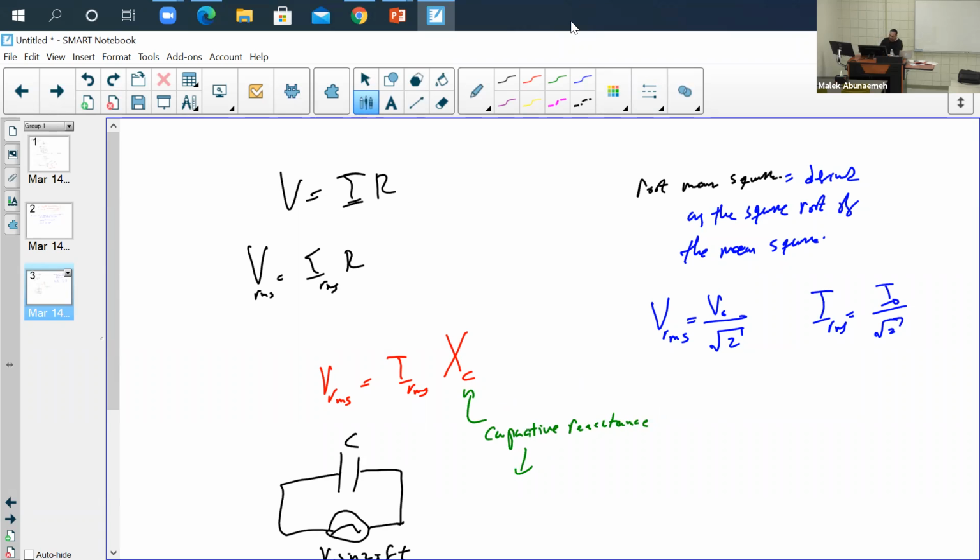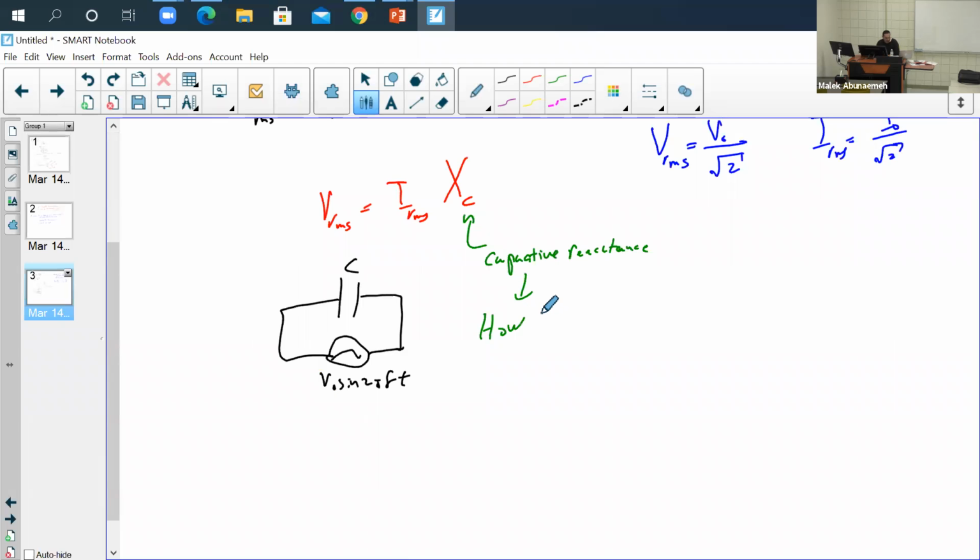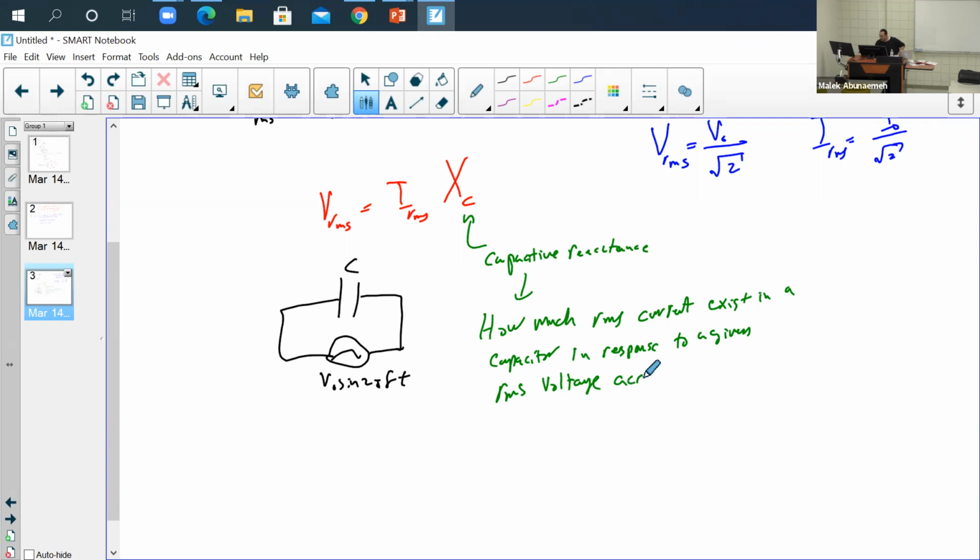which basically tells you how much root mean squared current exists in a capacitor in response to a given root mean square voltage across a capacitor.